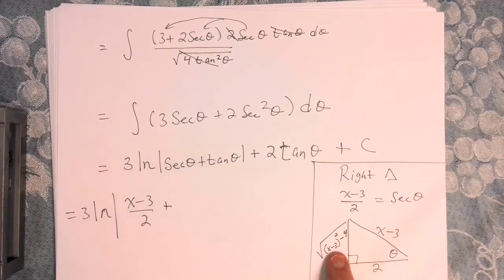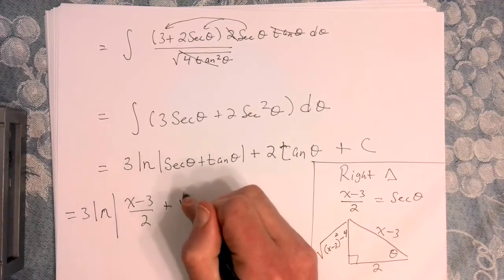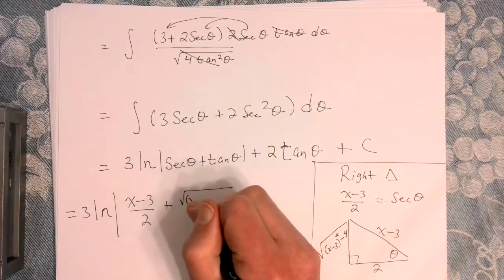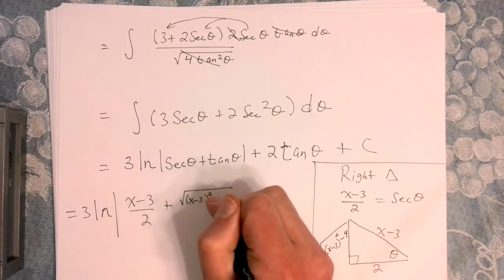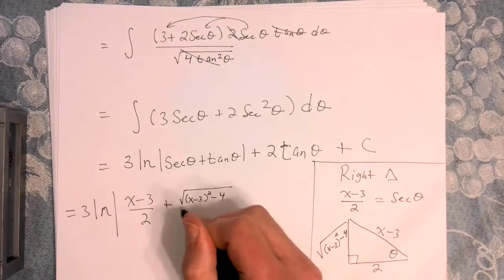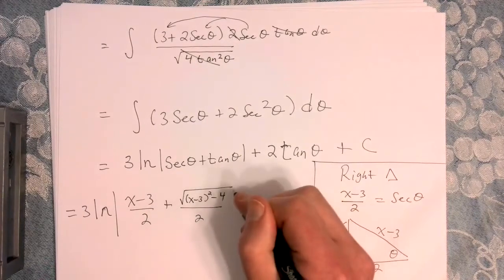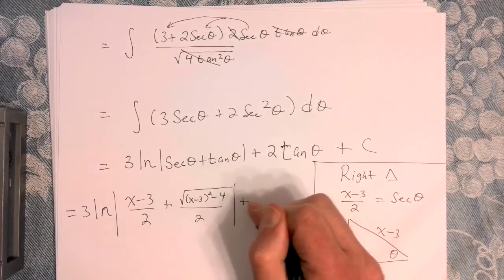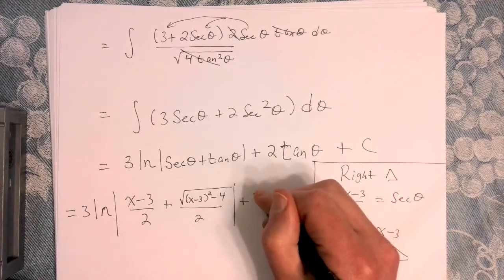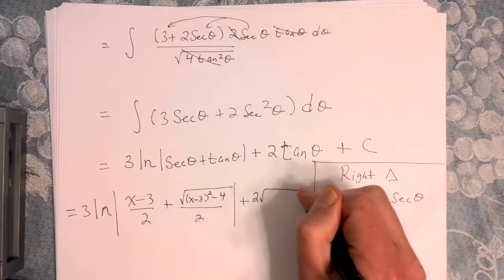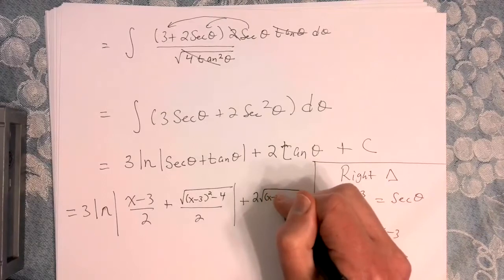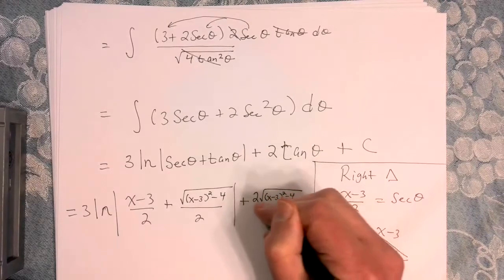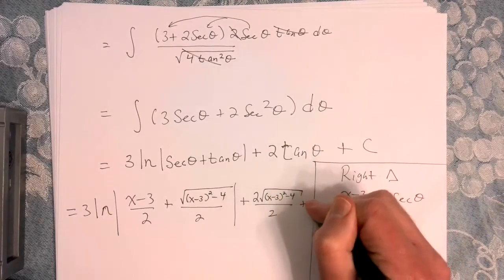Well, tangent is opposite over adjacent. Opposite over adjacent. And then plus 2 tangent. So here's tangent, opposite over adjacent, plus c.